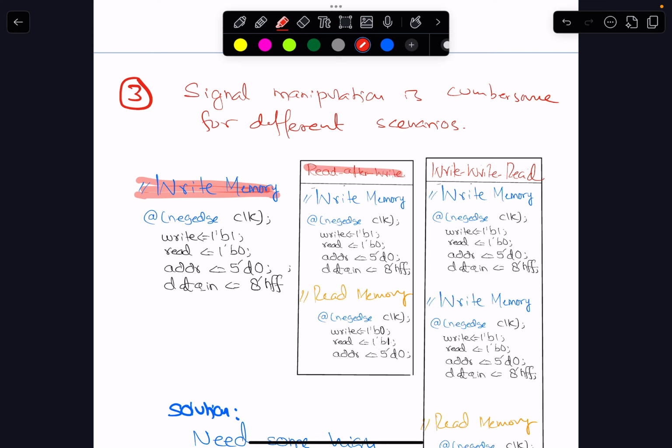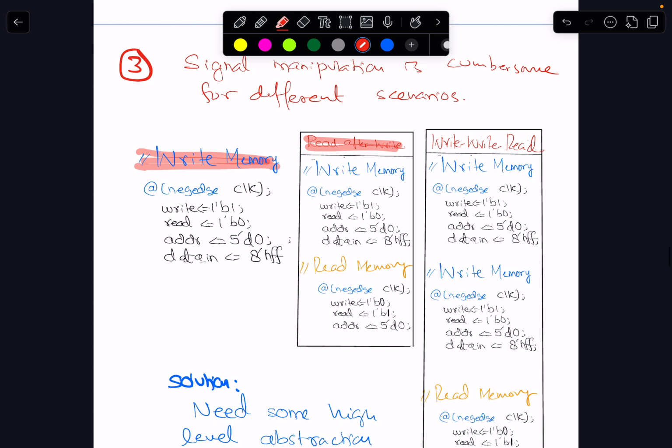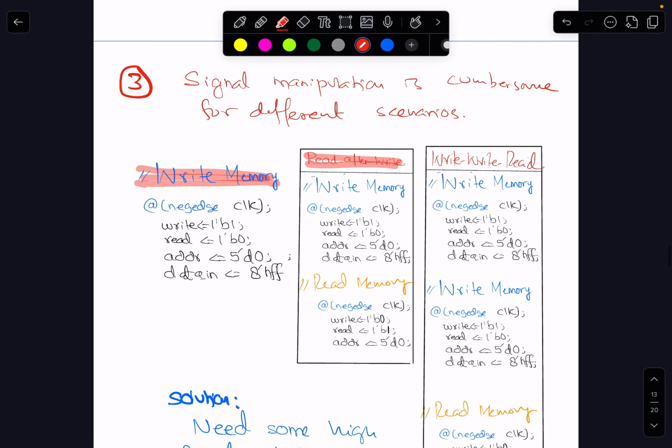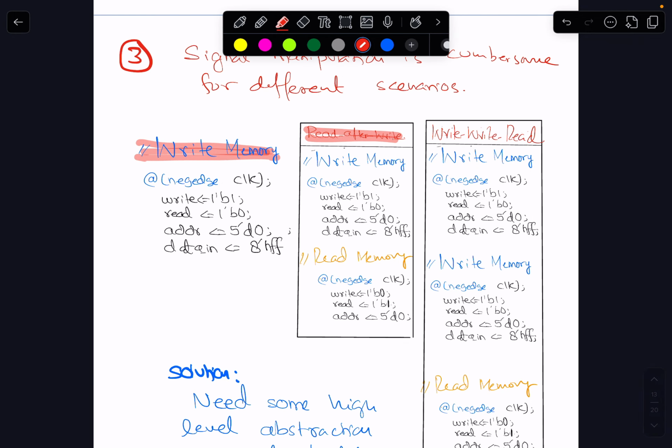And then for a read after write, you need to drive all these signals again, and then drive a different set of signals for the read operation. Likewise, let's say you want to test multiple writes and then a read, to check that you are getting the last write data. You see that you have to manipulate all these signals again and again.